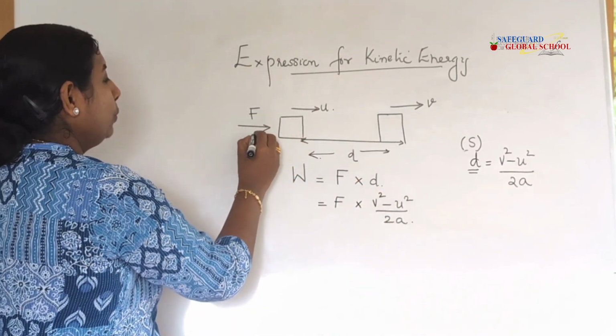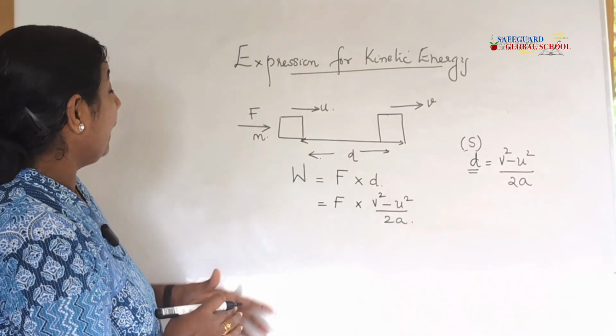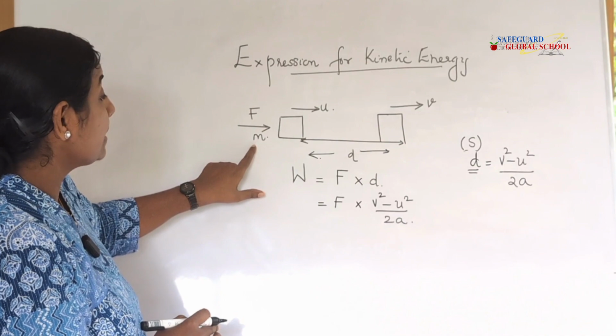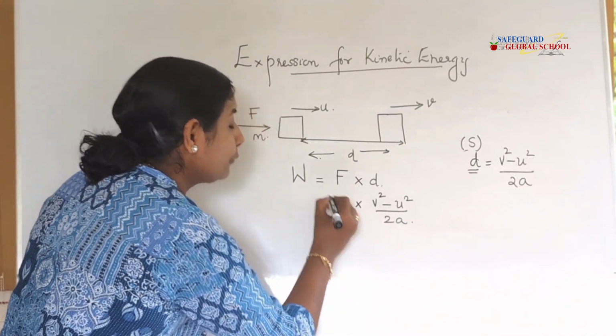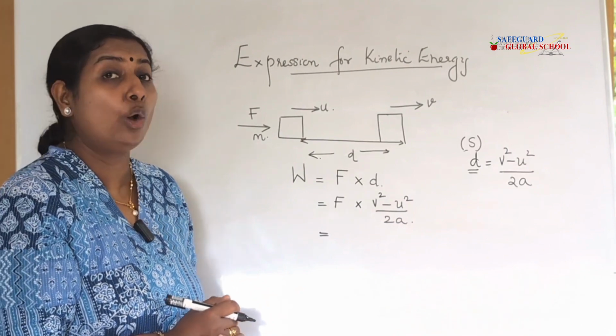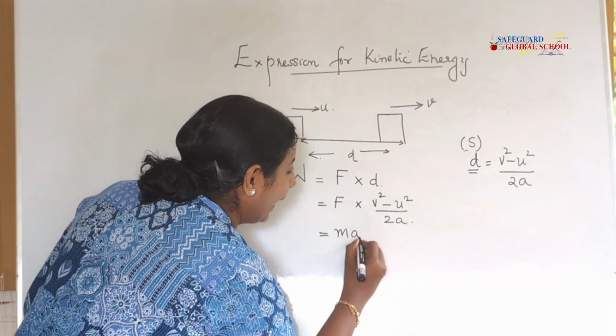Suppose that the body has a mass m. If the body was getting accelerated, how can we write this force according to Newton's second law of motion? F can be written as m into a.